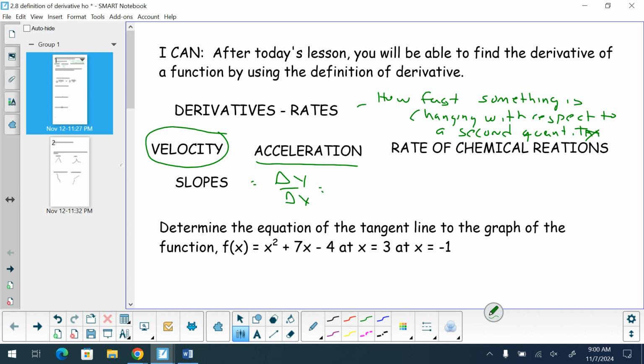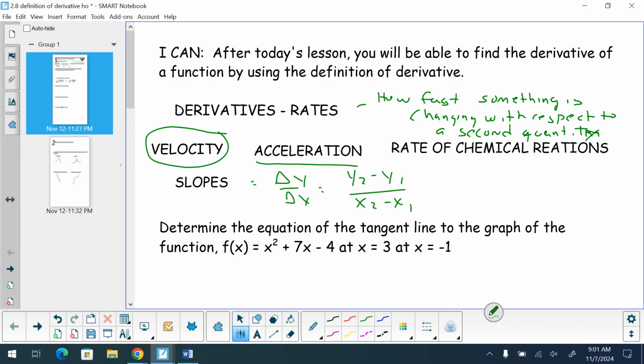Well, when we had a slope, we had to determine a slope. Typically, we had 2 points, and with those 2 points, we were able to determine the slope. But if we only have 1 point, a point of tangency, how do we find the slope?